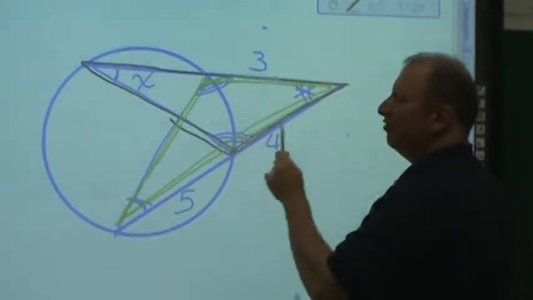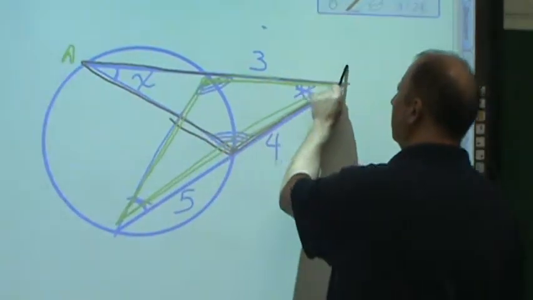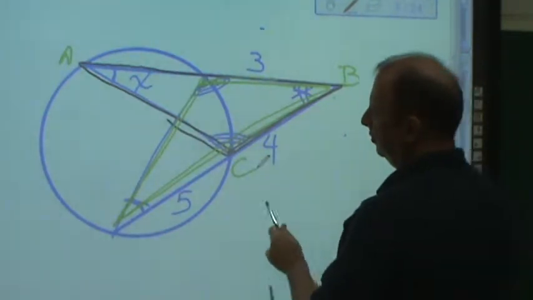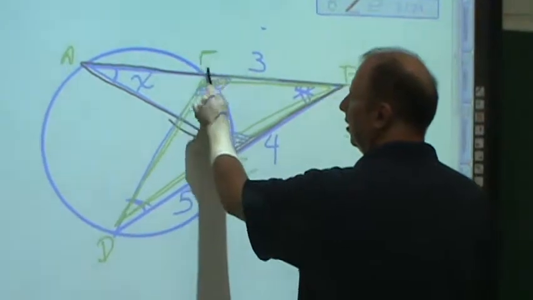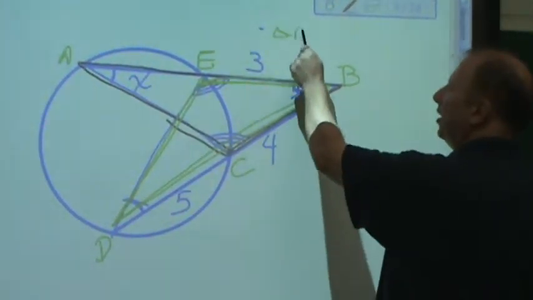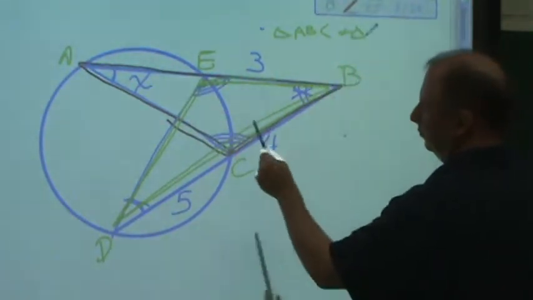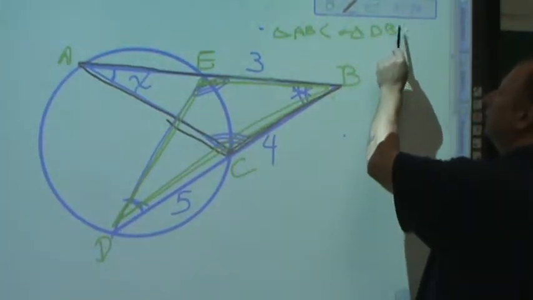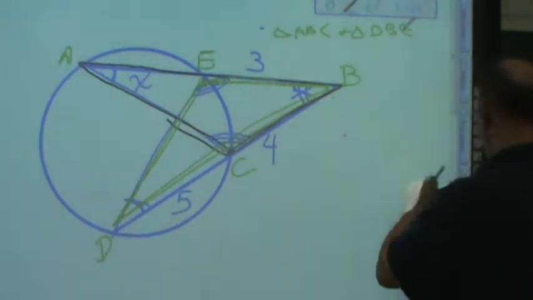So let's give it letters, just for the sake of doing that. A, B, C, and we'll call this D and E. So I'm going to look at triangle ABC and triangle DBE. And if that's the case, let me redraw it.